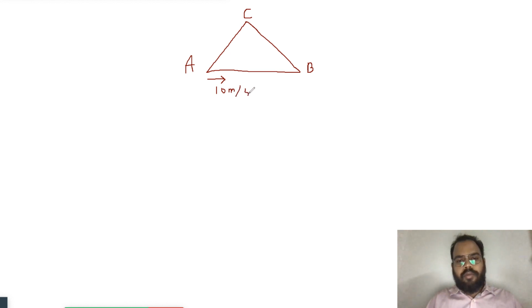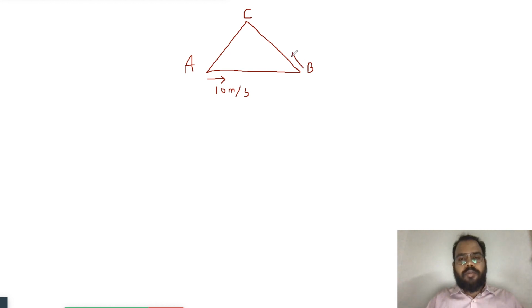Your first sum is, consider this triangular path. Suppose this is point A, this is point B, and this is point C. So this is a triangular path, point A, point B, and point C. The question is, I start from point A. I moved from point A to point B with velocity 10 meter per second.